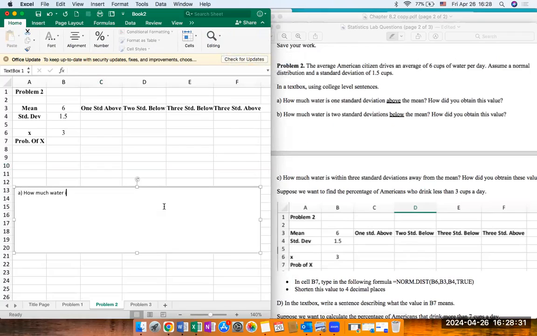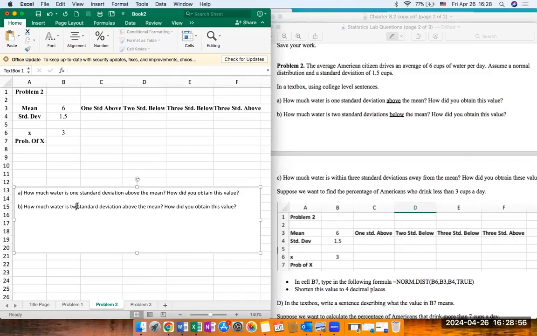How much water is 1 standard deviation above the mean? How did you obtain this value? I'm going to change that question a little bit.